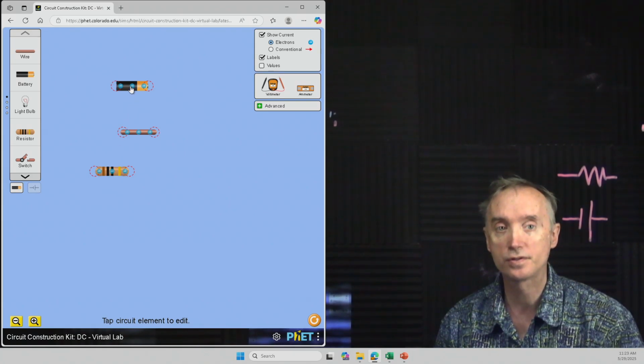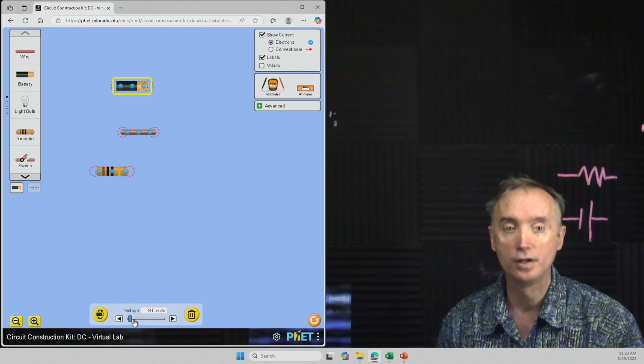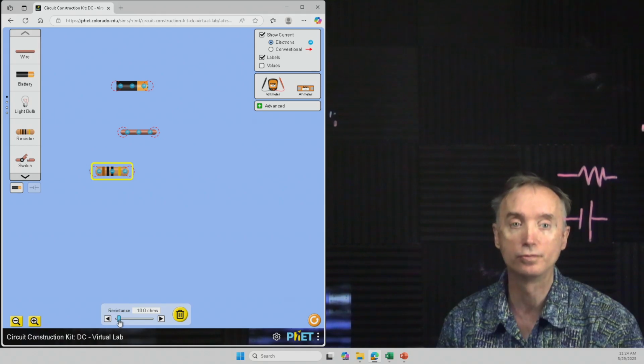And then notice that you can click on the battery, and then down here at the bottom you can change the voltage on the battery by sliding this back and forth. If you click on the resistor, then you can change the resistance of the resistor.